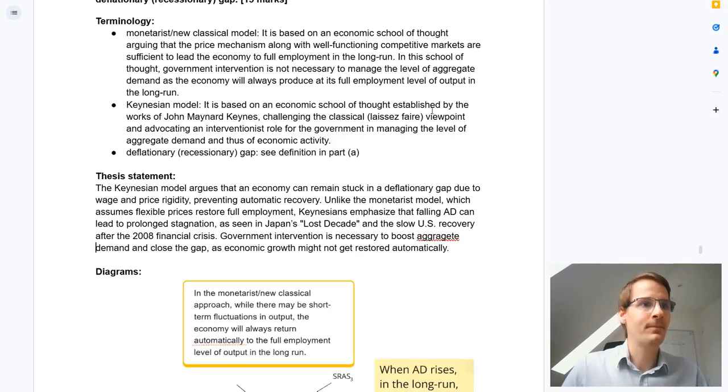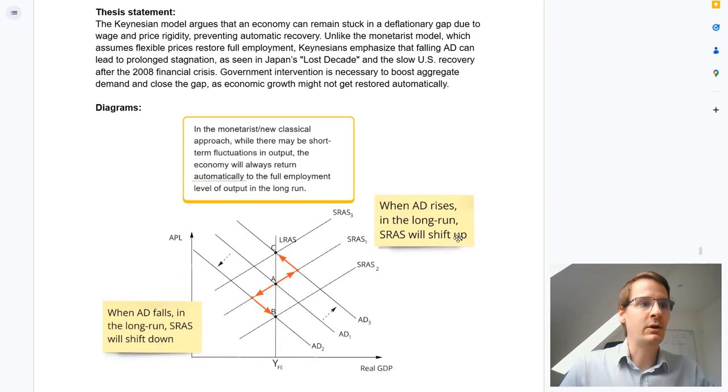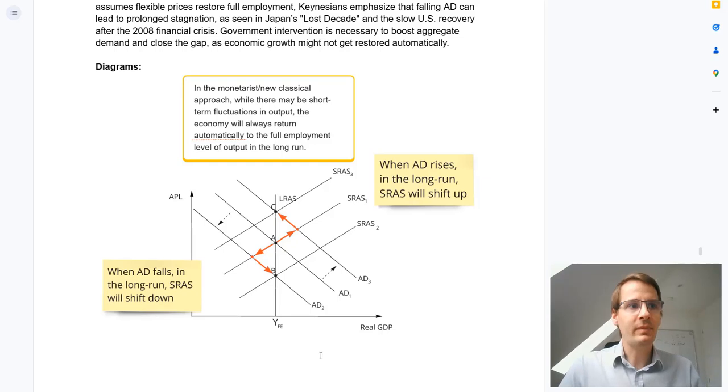So aggregate demand. Now the diagram I would use obviously would be the two models, starting off with the monetarist model. As you can see, the LRAS curve is vertical at the full employment level of output, and if AD for whatever reason shifts down, causing a short-run deflationary development, we have an equilibrium at the red dot there.